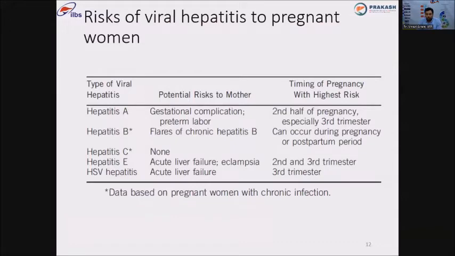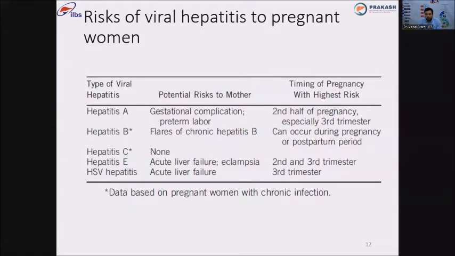So what are the risks of viral hepatitis to pregnant women? It depends upon the type of viral hepatitis. Hepatitis A is usually associated with gestational complications, preterm labor, and the timing at highest risk is the second half of pregnancy, especially the third trimester.